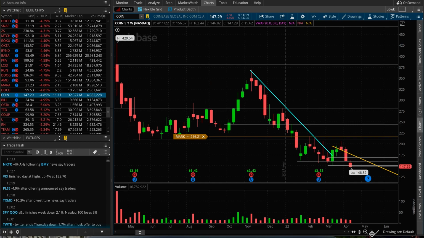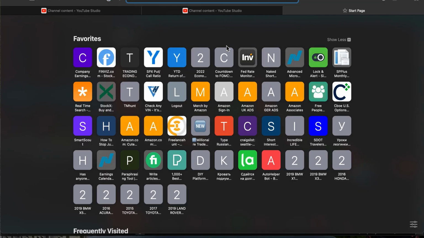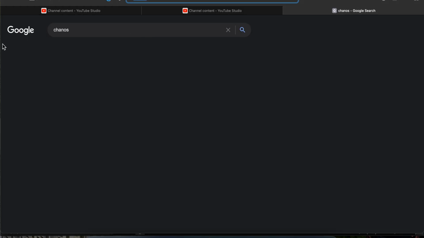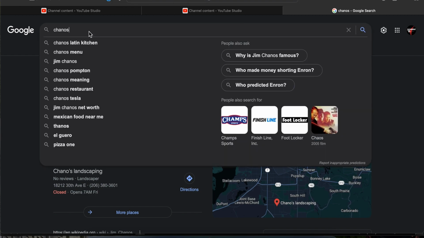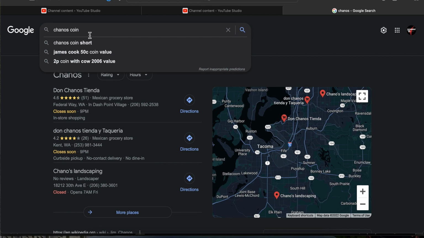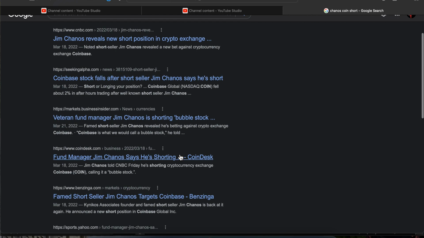There was a guy, if you don't know, about a week ago, I think, what was the guy's name? Coinbase short. He's an activist short seller, Jim Chanos. Yeah, that's the guy. What he said, pretty much, is that he doesn't understand this stock and why it's worth this much.